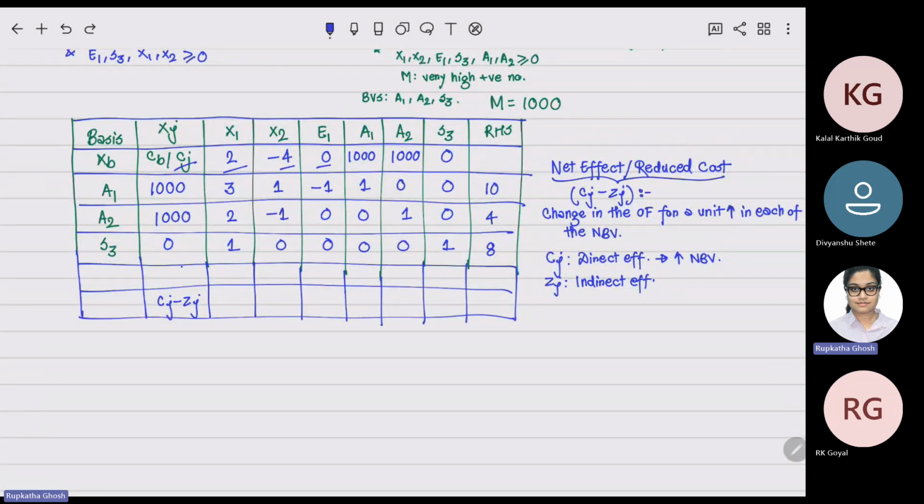So this is where I made a mistake. We calculate Zj. That is the indirect effect. Are you getting my point? Yes. And how do we calculate Zj? So simple. In the first column, you have 1000 into 3 plus 1000 into 2 plus 0 into 1. So that will become 5000.